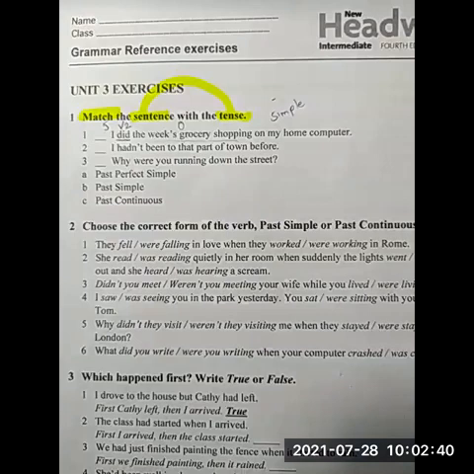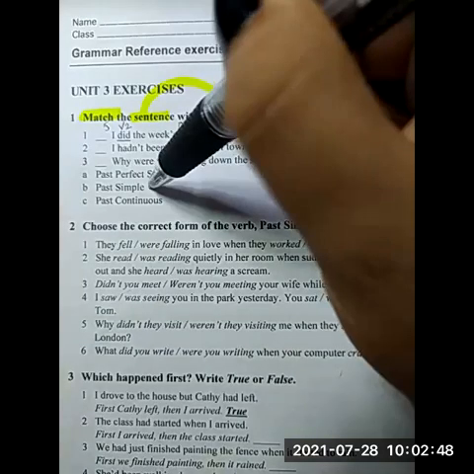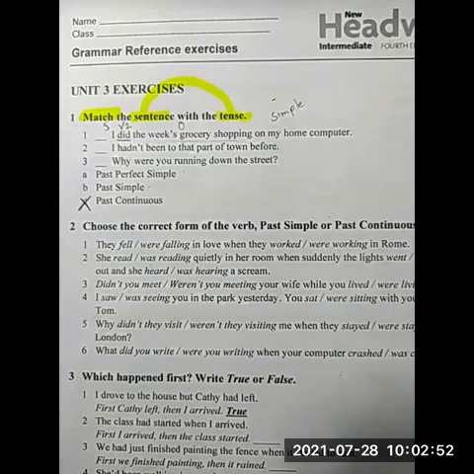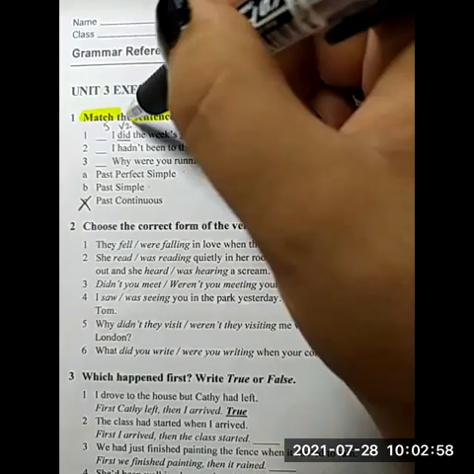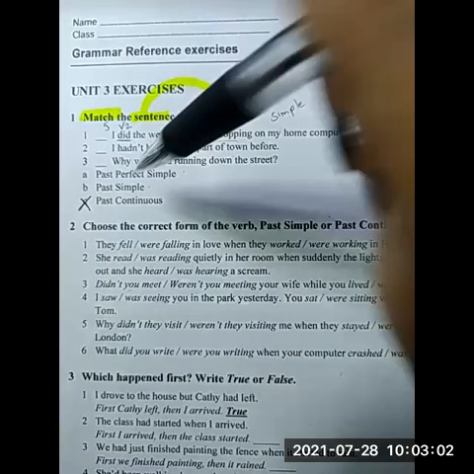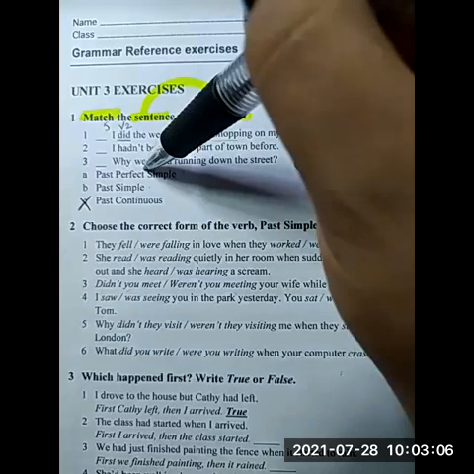So I'm looking for the ones with simple and simple. So immediately I can throw out continuous tense. It's not going to be continuous because I only have one verb. One verb, so I have to choose perfect simple. I know the perfect tense is to have plus verb 3. So it's definitely not that one. So the only one that's left is B.